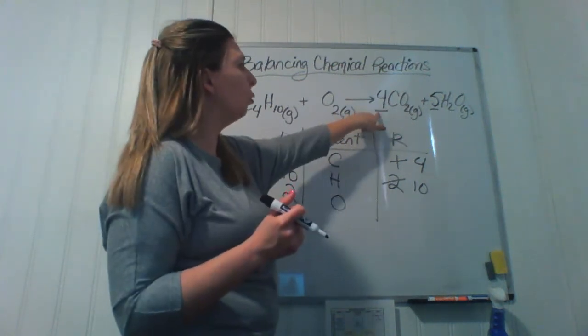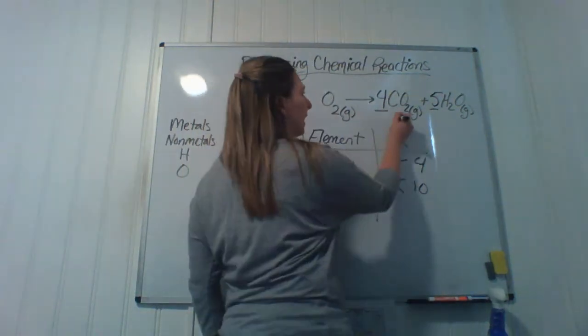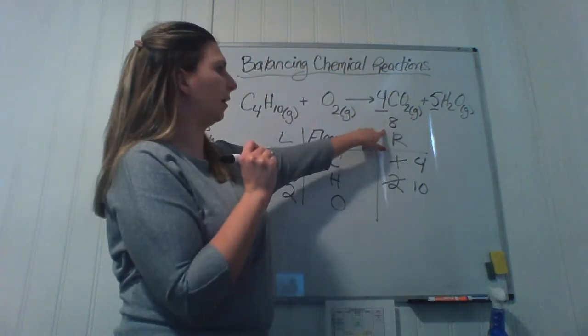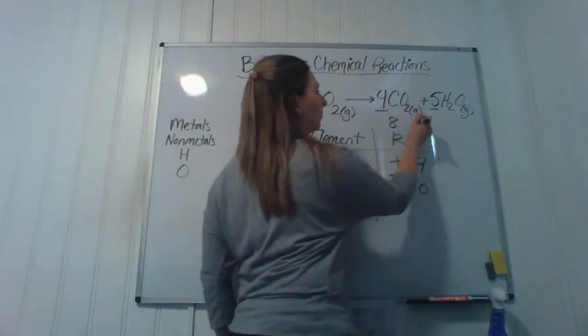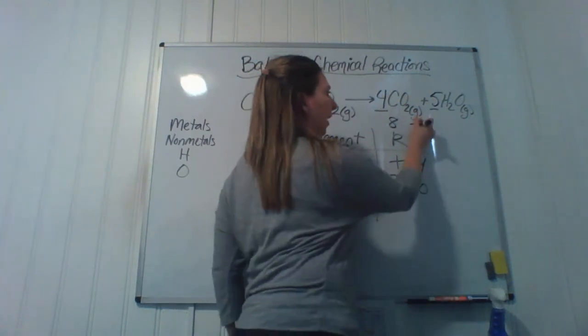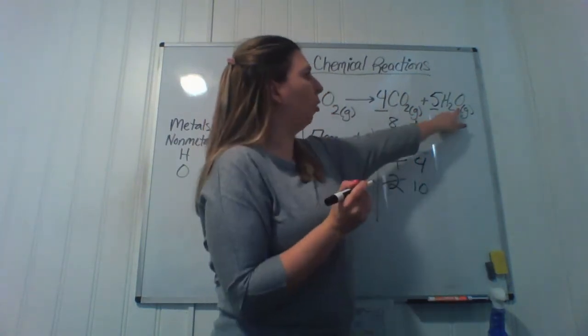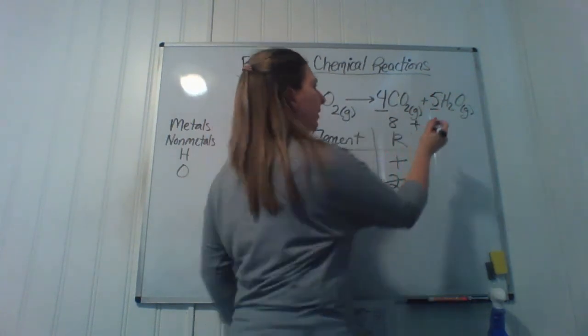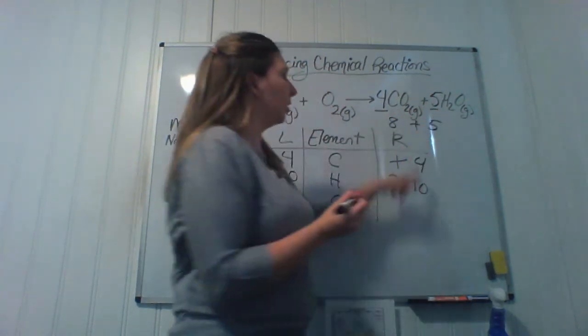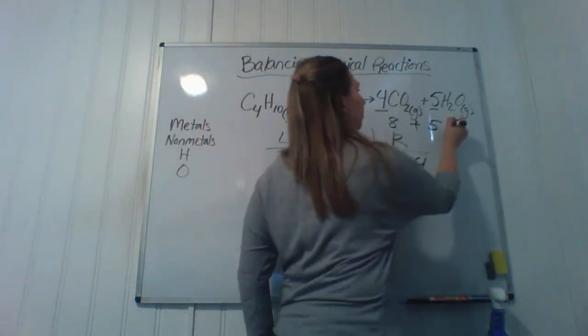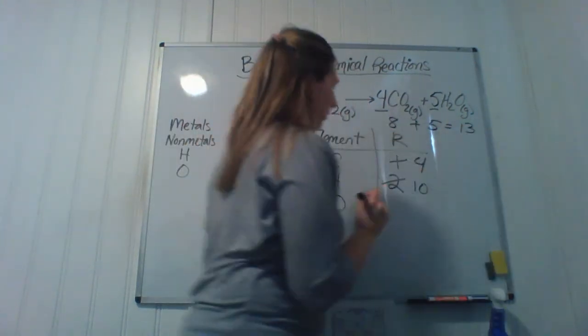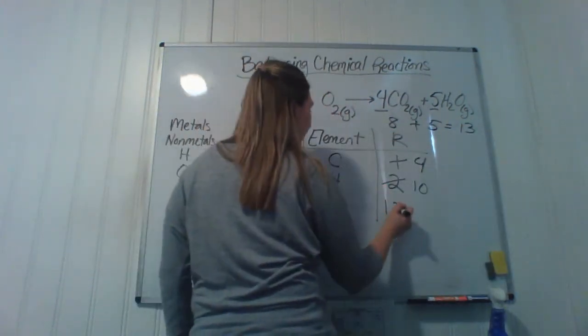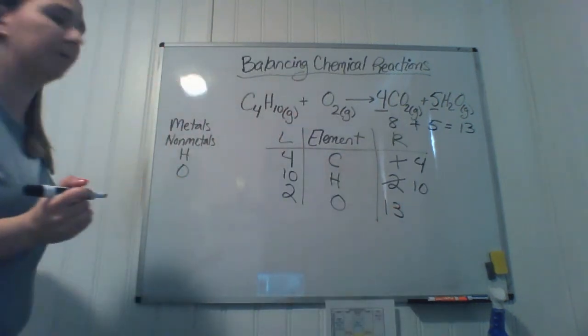So this is going to be 4 times 2 is 8 oxygen here, plus, now we have 1 oxygen in water, but we have 5 of them. So 5 times 1 is 5. So 8 plus 5 equals 13 oxygens. 13 oxygens on the right.